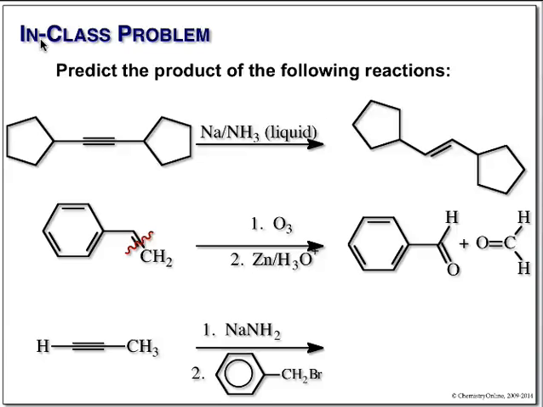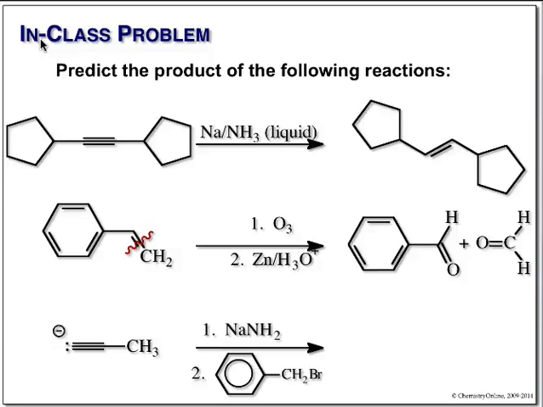Now sodium amide, because NH2- is such a strong base, is going to pull off the hydrogen, the proton, from our triple bond, that is our alkyne. We go from the alkyne to the alkyne anion. Now the alkyne anion is our nucleophile here.